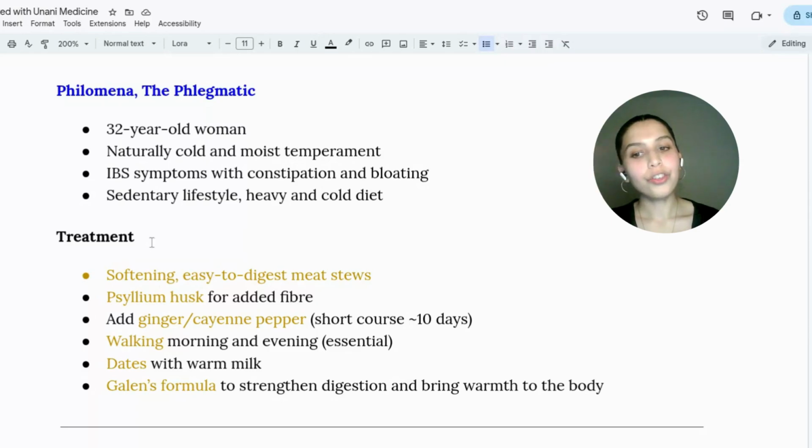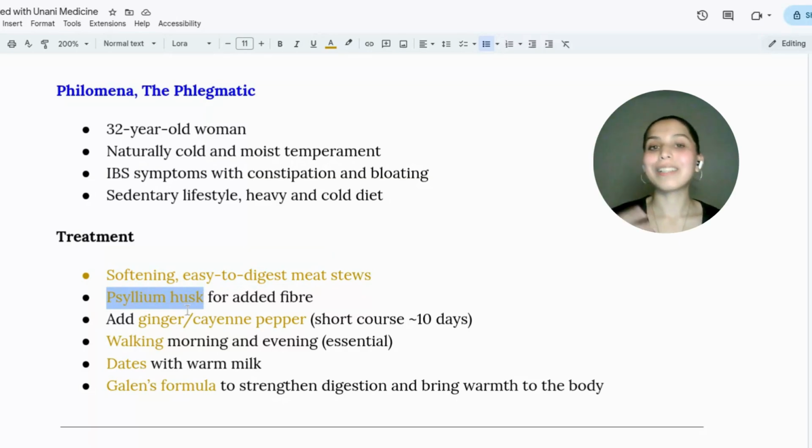And so, because she has constipation type IBS, her treatment was to eat soft, easy to digest meat stews, which are very nourishing and warming, and to take that with psyllium husk.